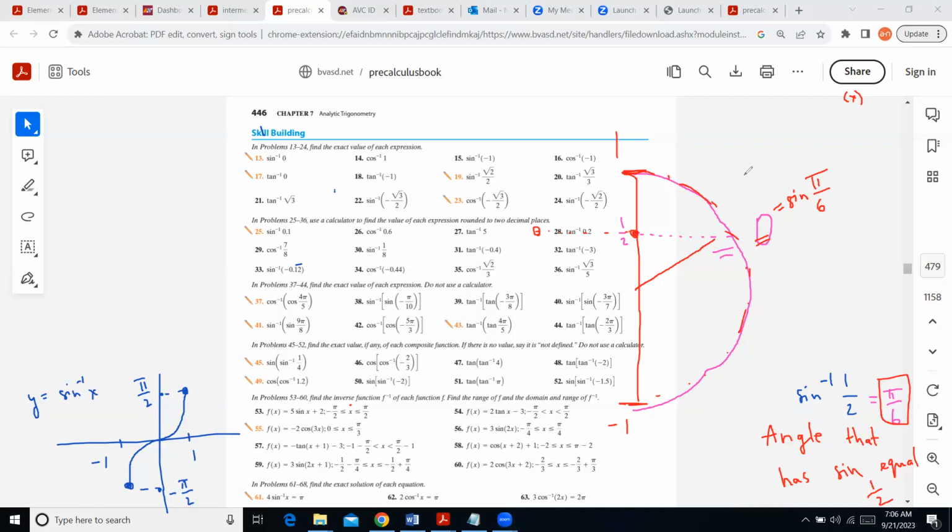So exercise 13 says find arcsine of 0. So the angle that has sine equal to 0 will be 0, because the angle 0 degrees, right? Like, for example, here we had pi/6.